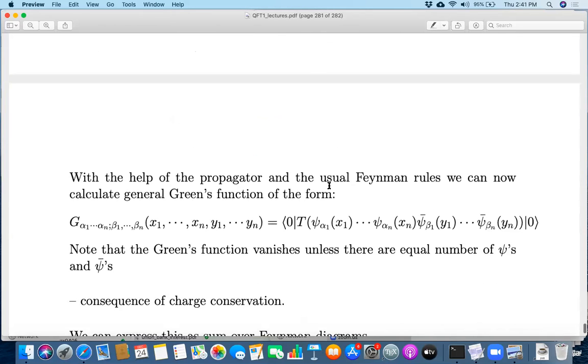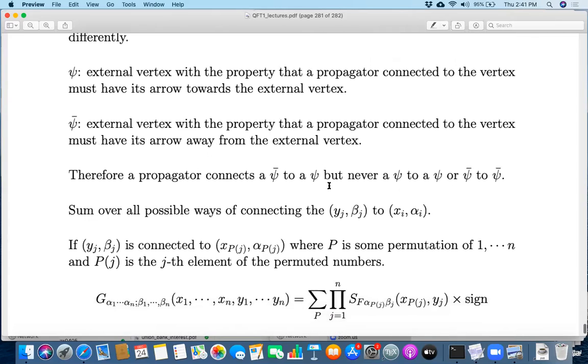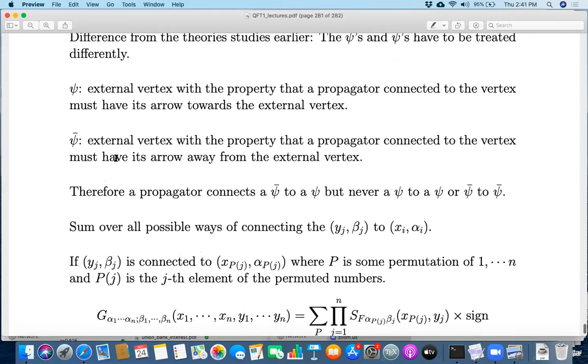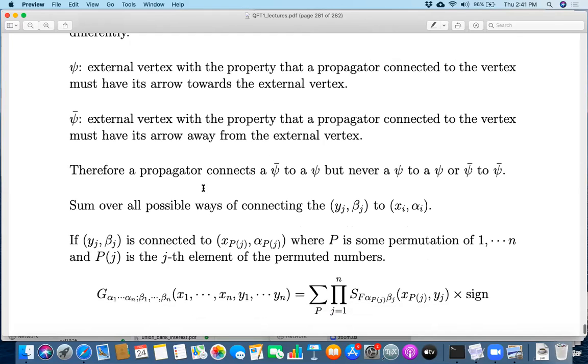So that's the rule you have to follow. Psi is an external vertex with the property that the propagator connected to the vertex has its arrow towards the external vertex, and psi bar is an external vertex with the property that a propagator connected to the vertex must have its arrow away from the external vertex. So a propagator basically connects a psi bar to a psi, but never a psi to a psi or a psi bar to a psi bar.